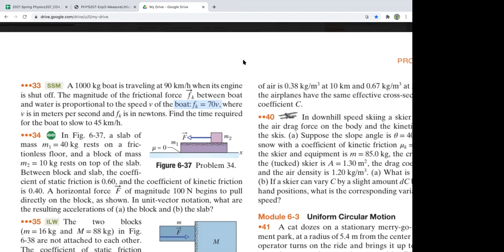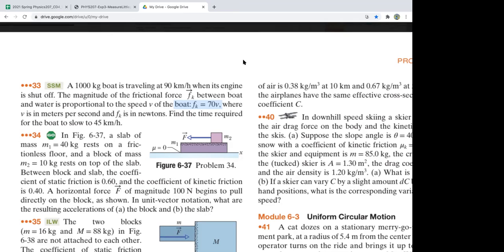You have 0.07 V times T. This V is changing too, so you don't care. Wait a minute, it's not a constant. Can we take a V_t?